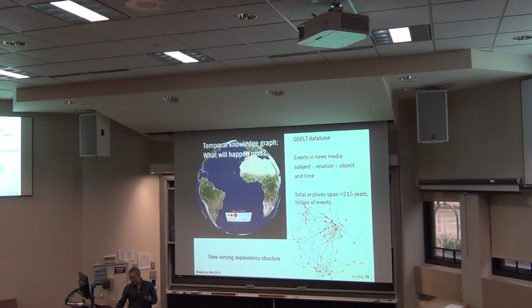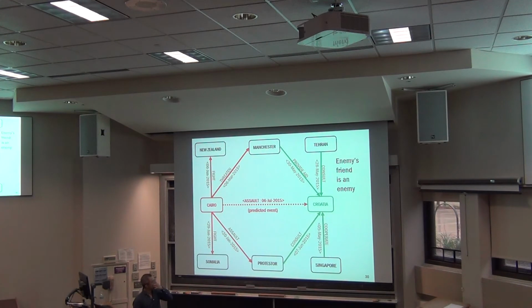So indeed, in terms of predictive accuracy, we are doing better, but let's look at some of these accurate predictions and see whether it's learning something intuitive. This is one example. The actual event you want to predict is that in 2015, there was some conflict between Cairo people and Croatia. At that time, there was a lot of revolution there.